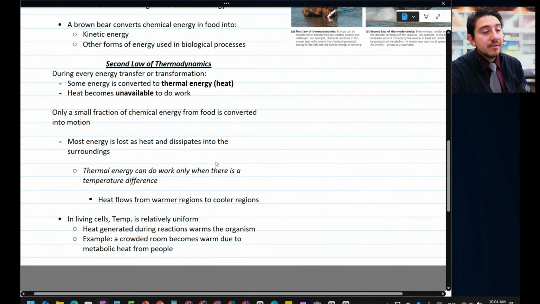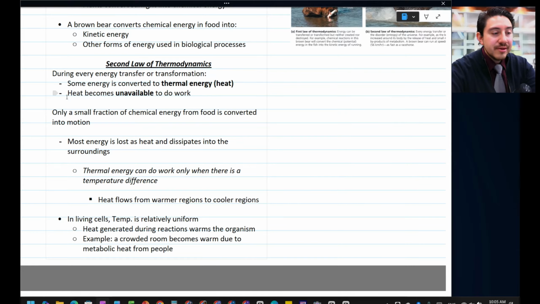Now, the second law of thermodynamics: during every energy transfer or transformation, some of that energy will be converted into thermal energy, into heat. And this is the key thing. Heat is a form of energy that is unavailable to do work.